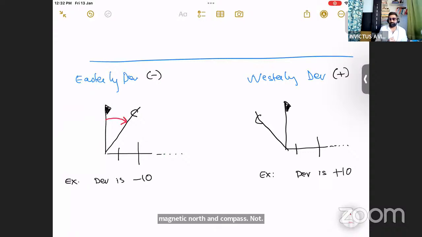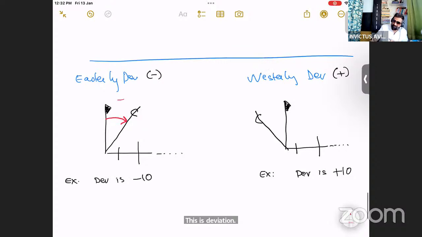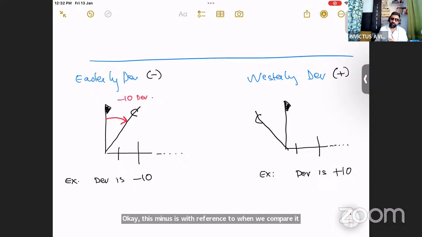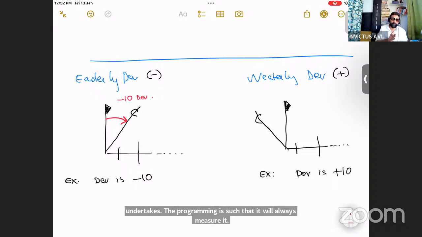So I'll say this is minus 10 deviation, easterly deviation. This minus is with reference to when we compare it with the magnetic north. And that is what your CX3 undertakes. The programming is such that it will always measure it with respect to the magnetic north only.